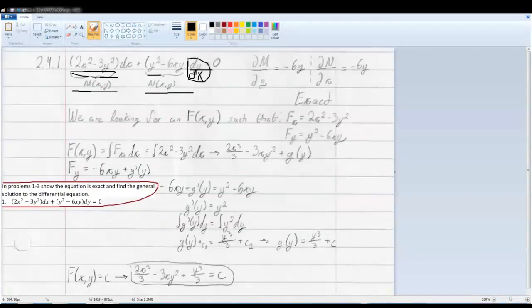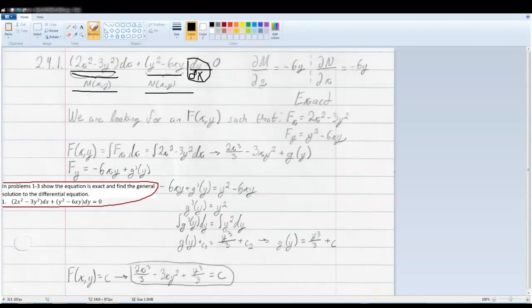We do the same for what's in front of the dy or dy over dx, and we call that N. Now, we do a partial derivative. I know some people here didn't take Calc 3. The gist of a partial derivative is you treat everything that you're not differentiating as a constant. So I'll go into a bit more detail.